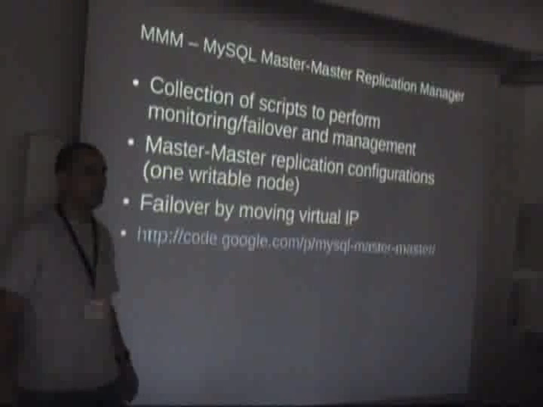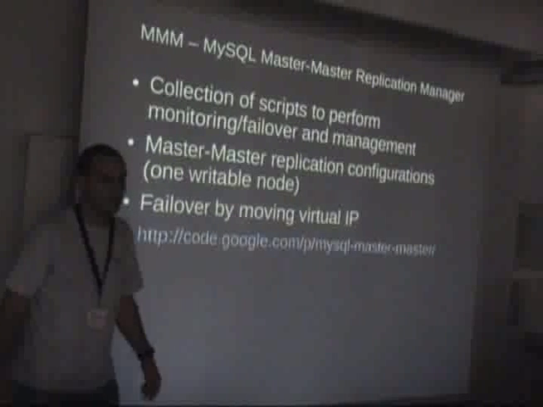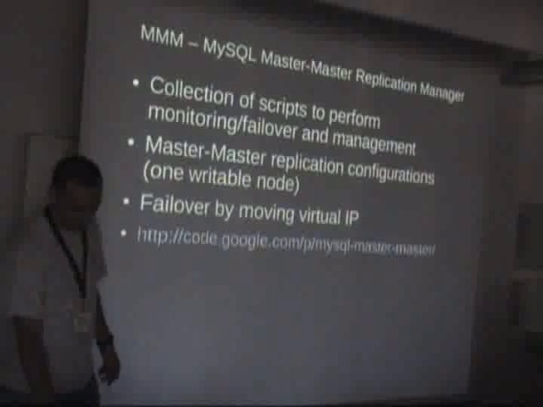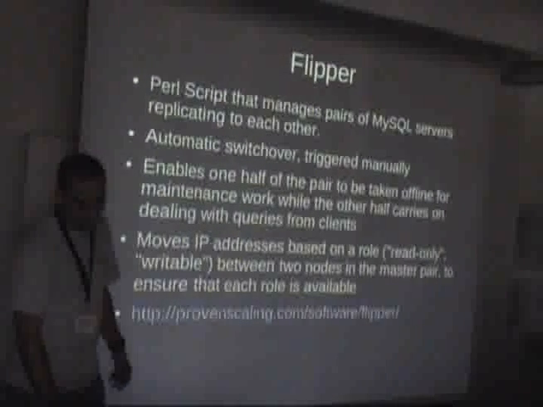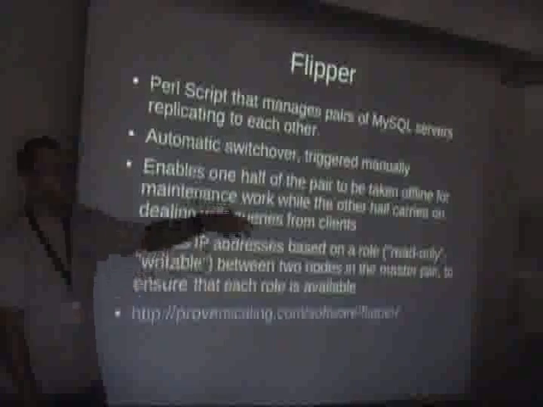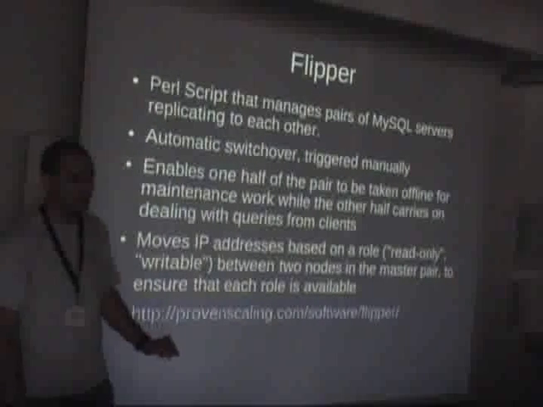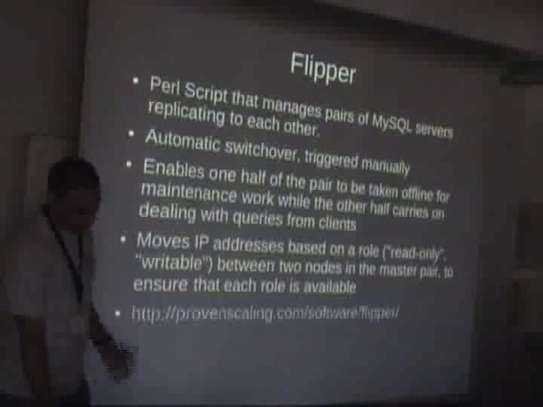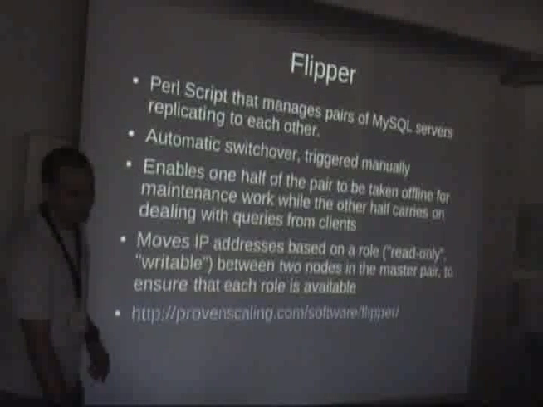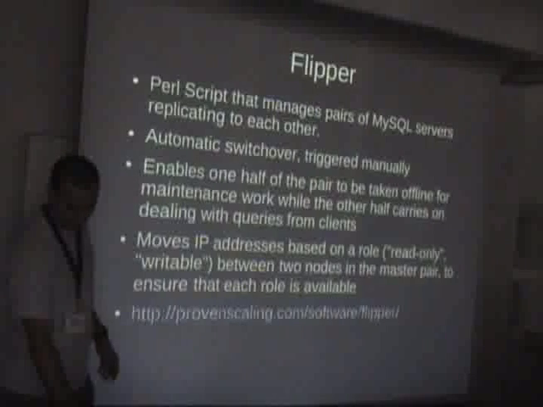So if you think that Heartbeat is too complex for you, look at MMM, it might be a bit easier to grasp. Flipper is more a tool that allows you to easily switch between 2 MySQL servers manually. It doesn't have any functionality for automated failover, but it might still come in handy if you're an admin of several MySQL servers that you need to switch.